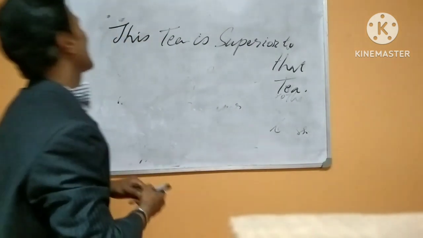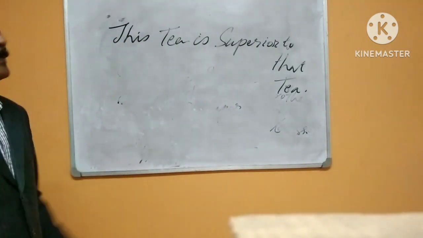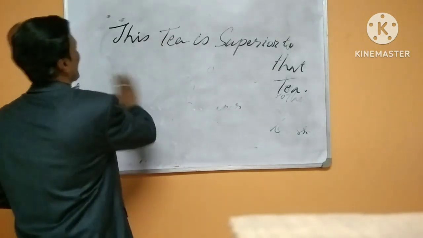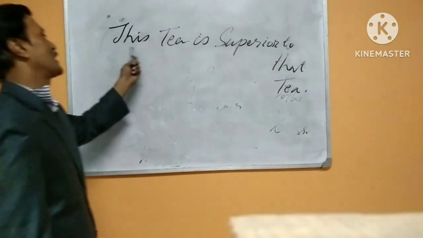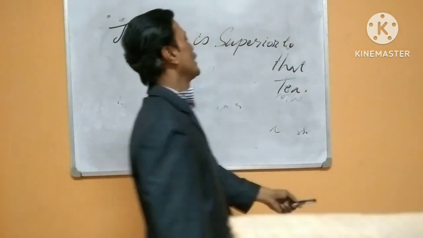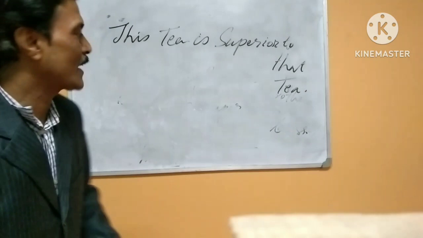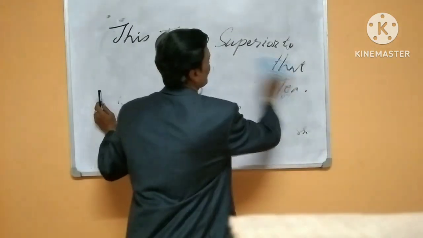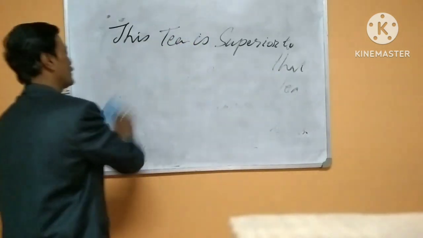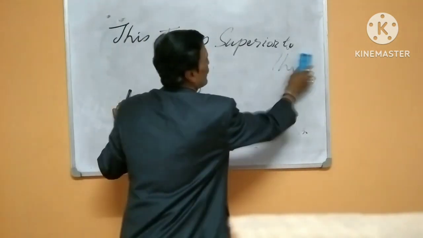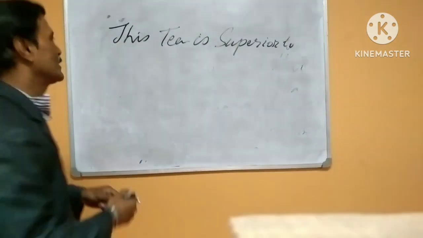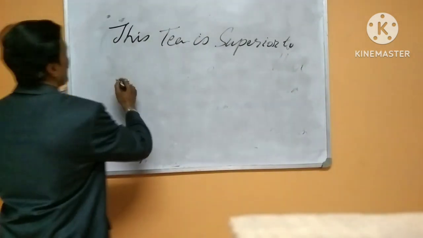If there were any name, Darjeeling tea or Assam tea, maybe there would be problems or arguments, so I don't have any names here. This tea is superior to that tea. Next one, more examples here. I hope all of you get some lesson.